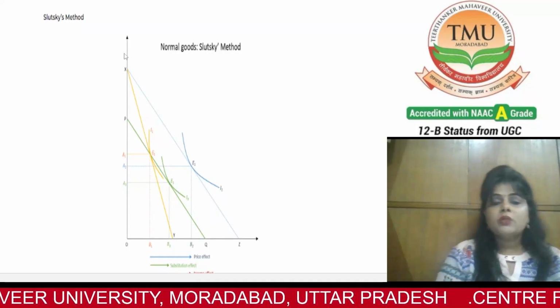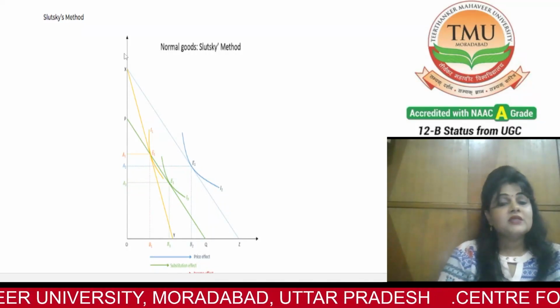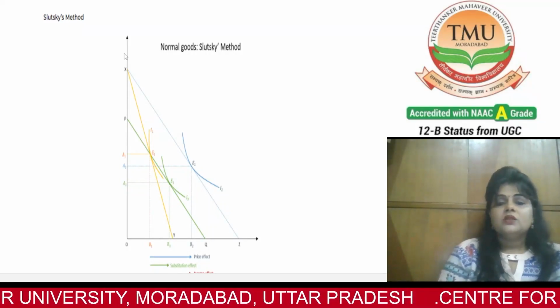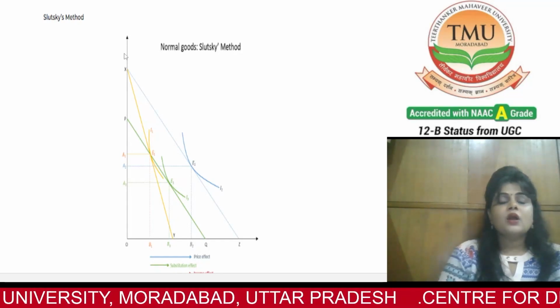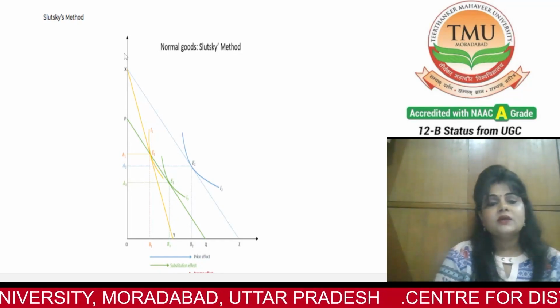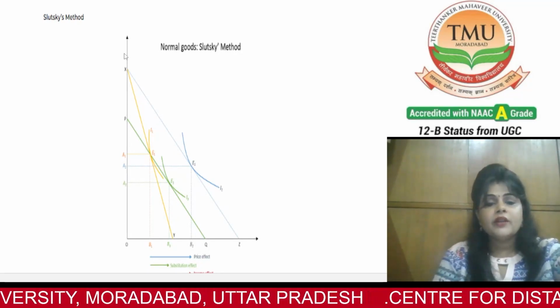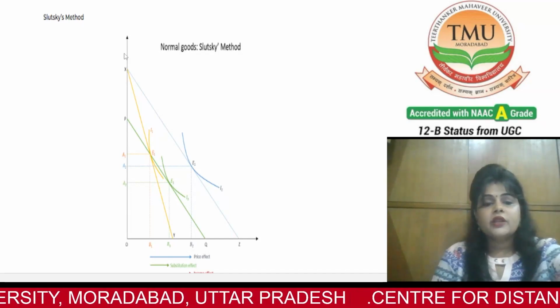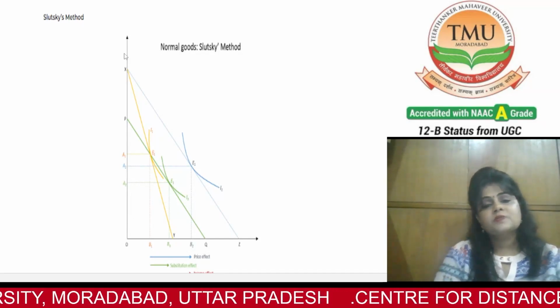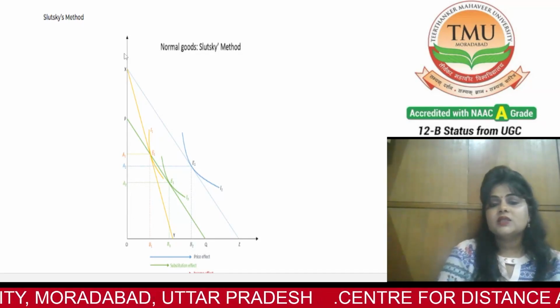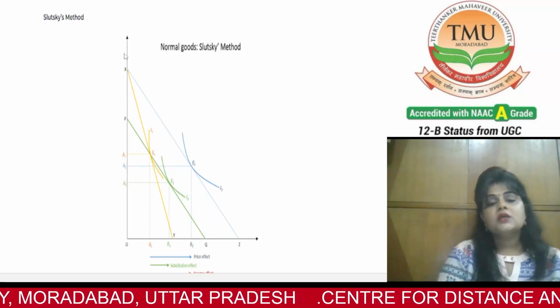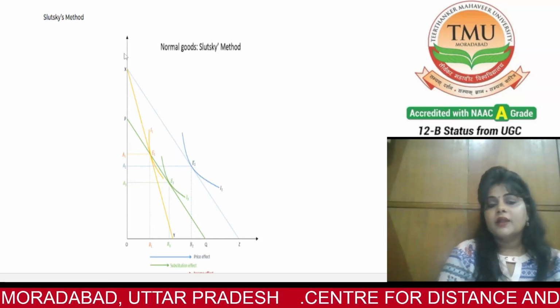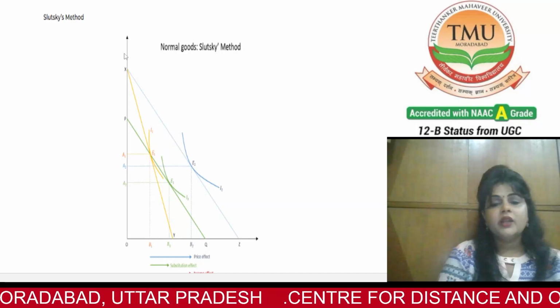While for normal goods and inferior goods, the price effect is positive. That is, a fall in the price of a commodity leads to an increase in the quantity demanded for the commodity. Giffen goods are a special case where a decrease in the price of the commodity is accompanied by a decrease in its quantity demanded.